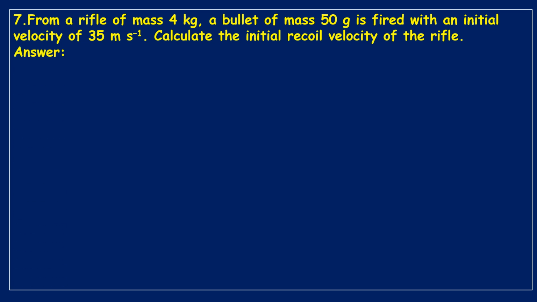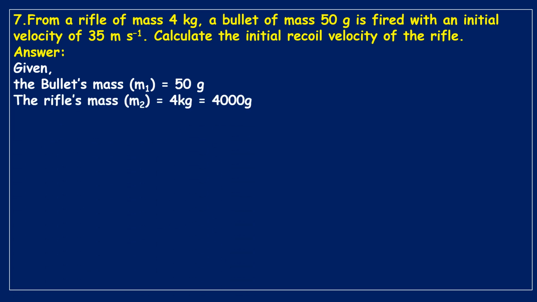Now, the given data: the bullet's mass, taken as m1, is 50 grams. The rifle's mass, m2, is 4 kg. This we have to convert into grams, that is 4000 grams. Why? Since the bullet's mass is given in grams, we have to take the rifle's mass also in grams.